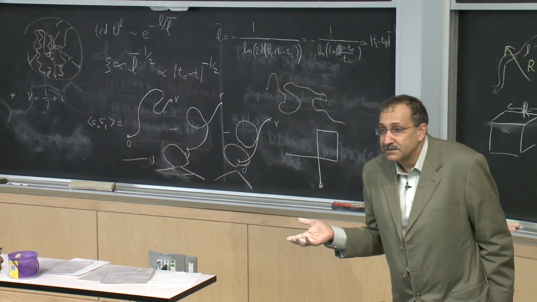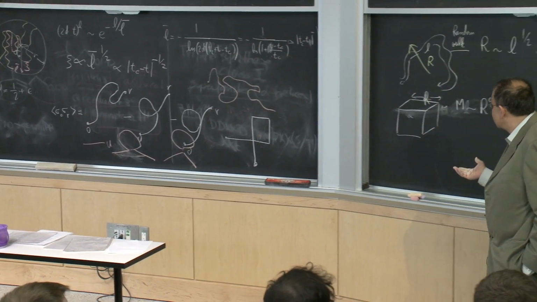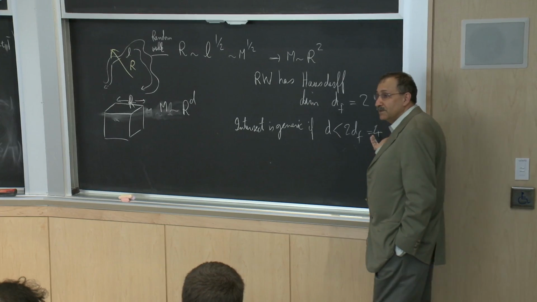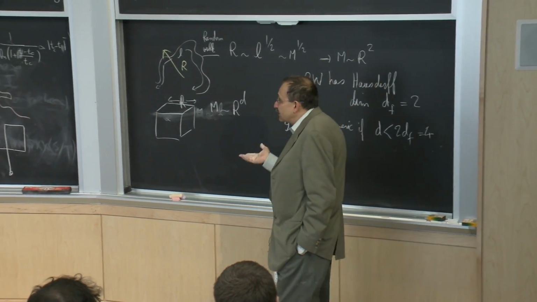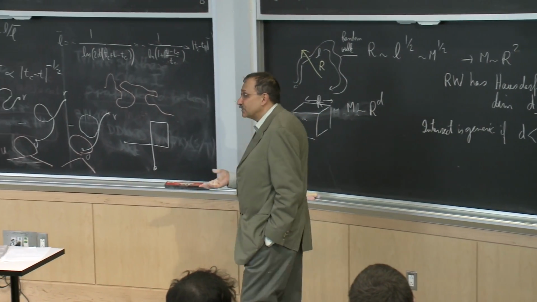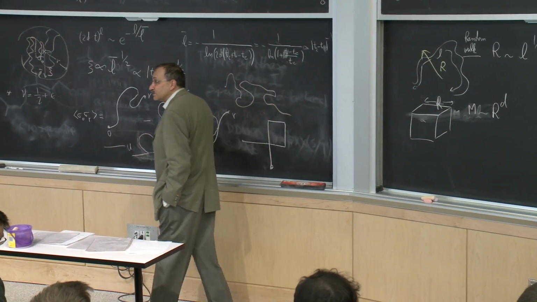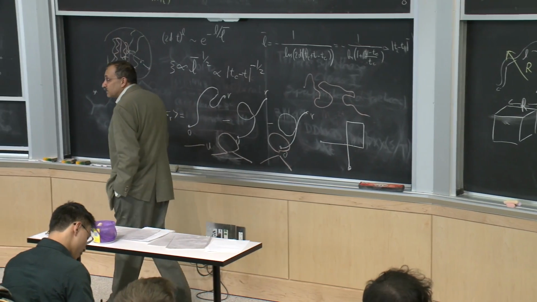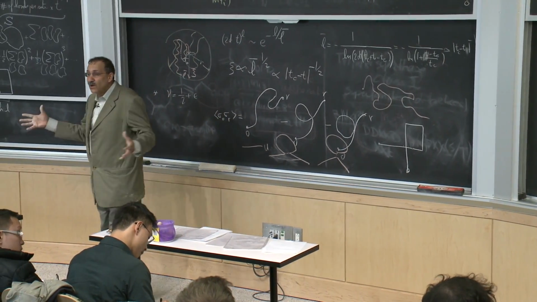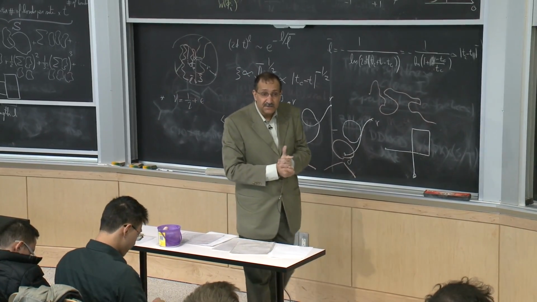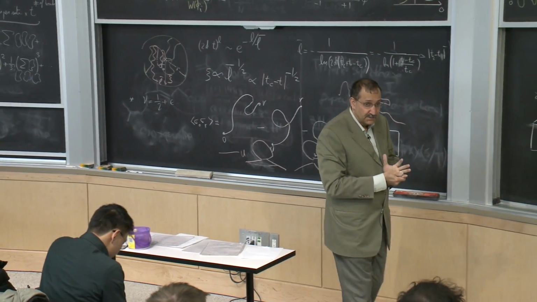You can ignore it, and the results are okay. But if you go to 4 dimensions and below, you can't ignore it because generically these things will intersect with each other. That's why these diagrams are going to blow up on you and give you an important contribution that would swell and give you a value of nu that is larger than the 1/2 that we have for random walks, okay?